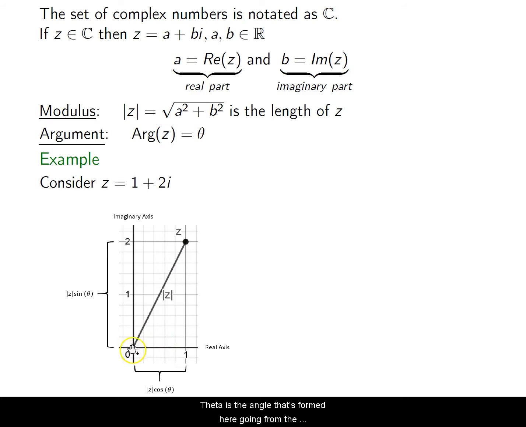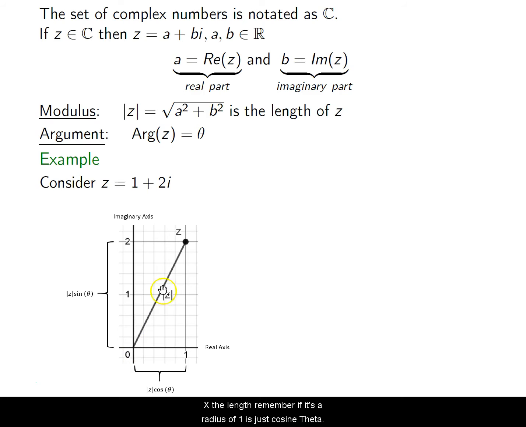Okay, it's going from the real axis as I move up to this position that I terminate at to form this vector. That is the angle right here. Okay, so this x value along the real axis is just the cosine of this triangle multiplied by the length.